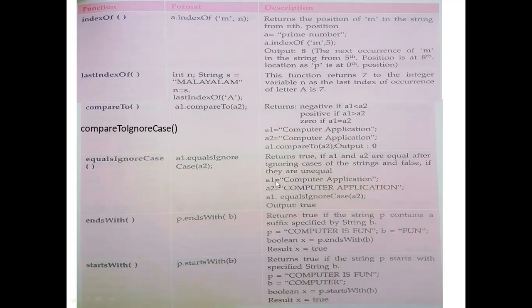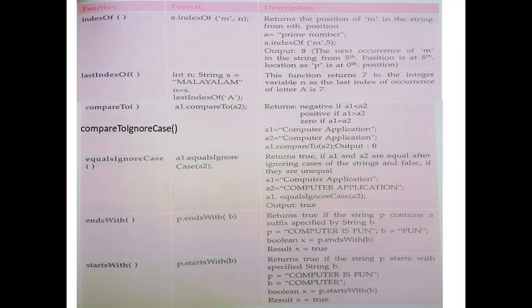In such a case, if I use the equals function, it says false, right? Yes, sir. But I don't mind about the cases. Then I can say A1.equalsIgnoreCase(A2). If it compares these two strings irrespective of their cases, since they have the same thing, then it returns true.